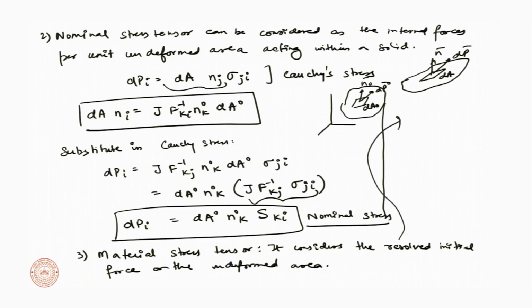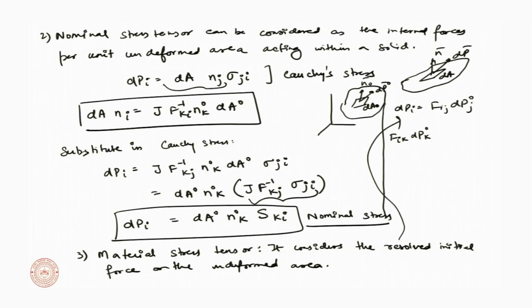So we can write it over here. Our force transpose, so we are going from dp vector to dp naught vector. So our dp i will be equal to F ij dp naught of j. So if we replace this into our force equation dp i and we replace dA by dA naught and we also replace our dp i with dp naught, we can write this F of ik into d of p naught of k.